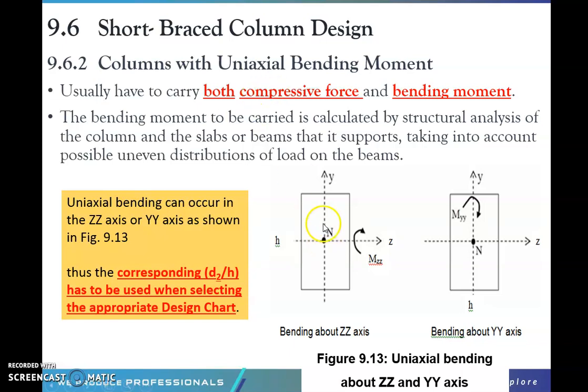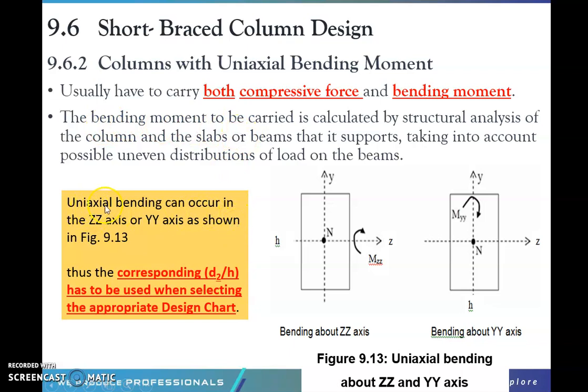The bending moment to be carried is calculated by the structural analysis. So everyone dah tahu how to calculate the bending moment by using the structural analysis of the column and the slab or beam that is supported, taking into account possible uneven distribution of the load on the beam. So we need to calculate the load in order to calculate the bending moment.